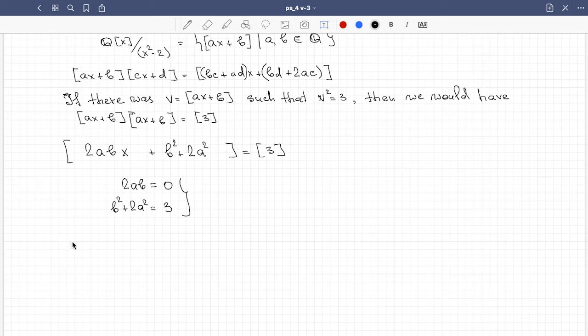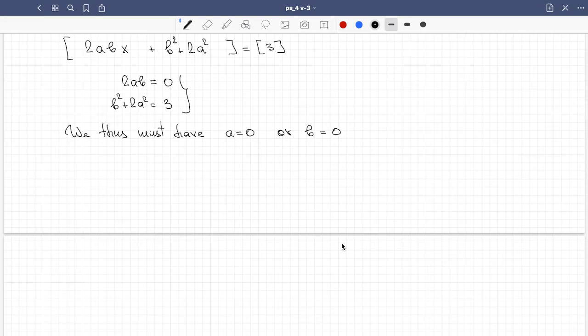So we thus must have a equals 0 or b equals 0. That is all right, this is still possible.